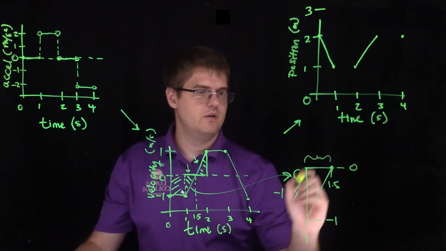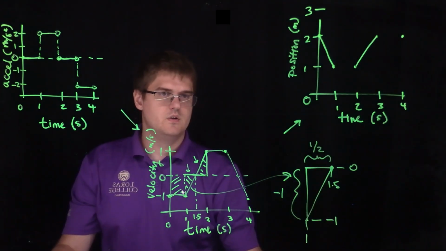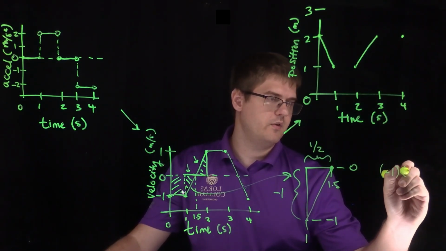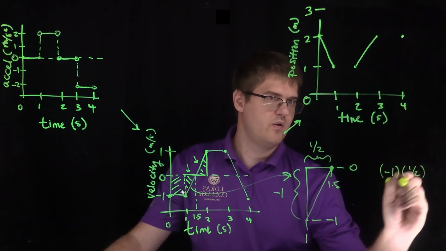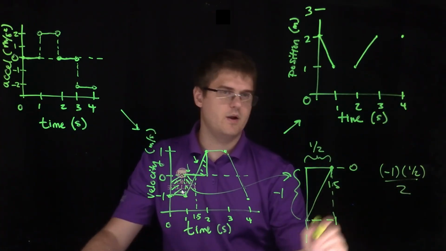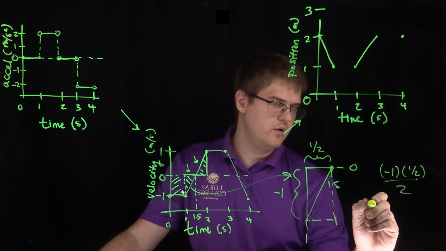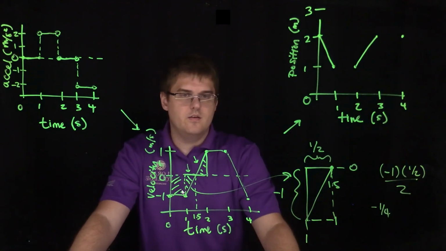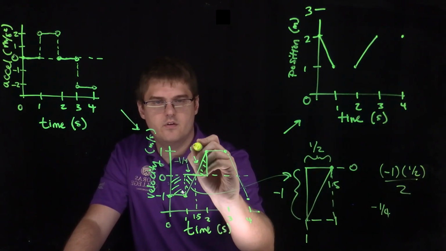So this guy is 1/2. So the area of a triangle is going to be base times height. Oops, this isn't negative. Divided by 2, because it's half of a rectangle. So this is 1/4. So this is -1/4. And this piece would then be, so this is -1/4. I can write it right here, and this is +1/4.